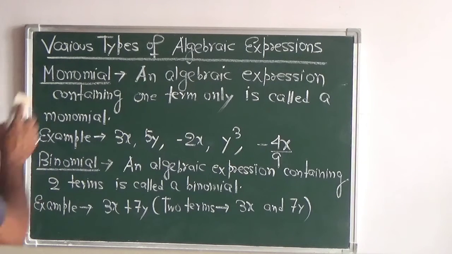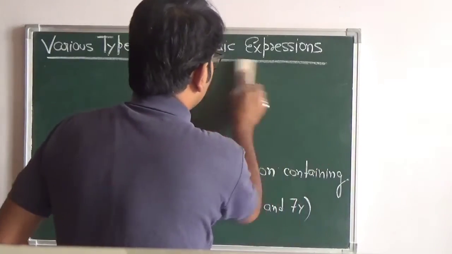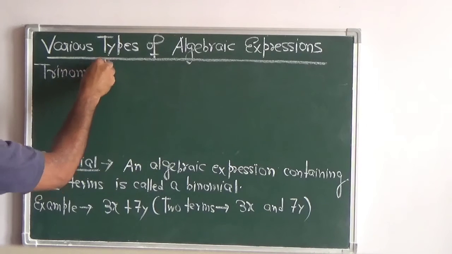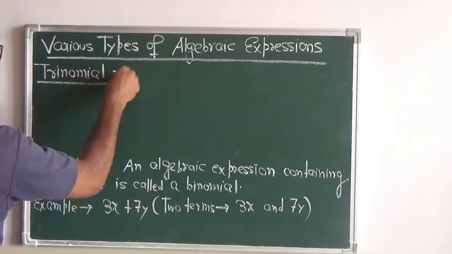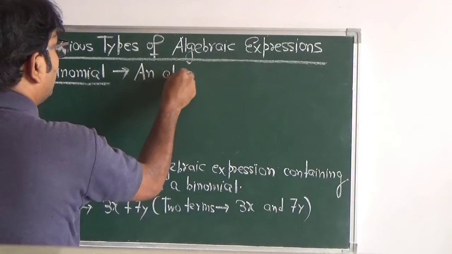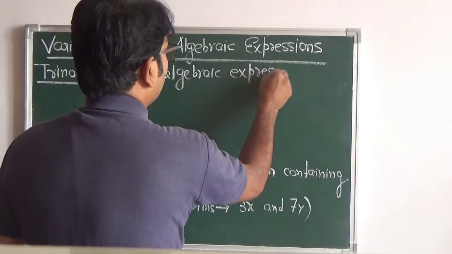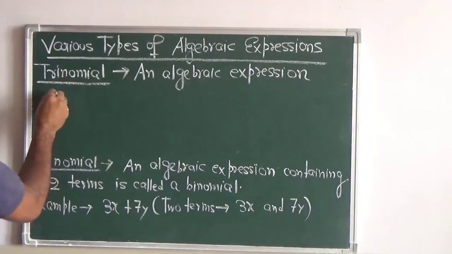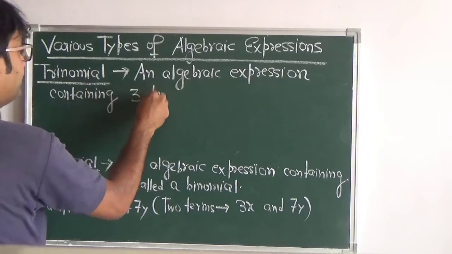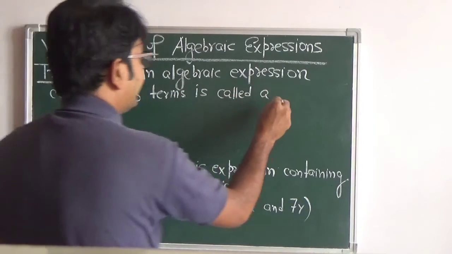The next one is trinomial. So similarly, an algebraic expression containing three terms is called a trinomial.